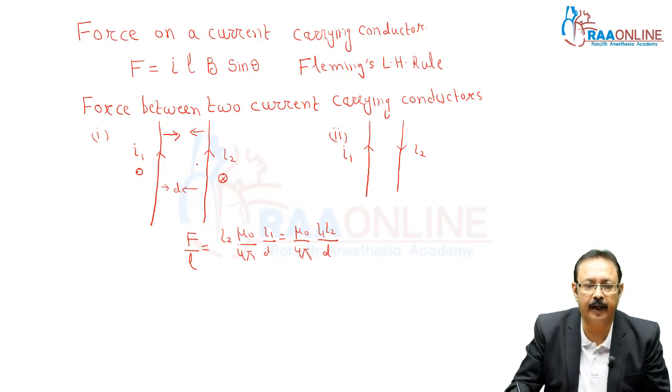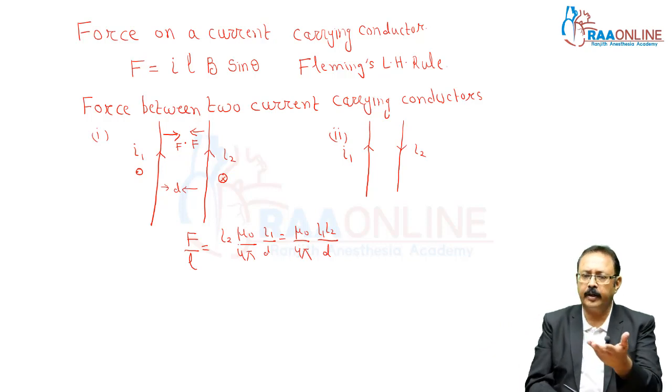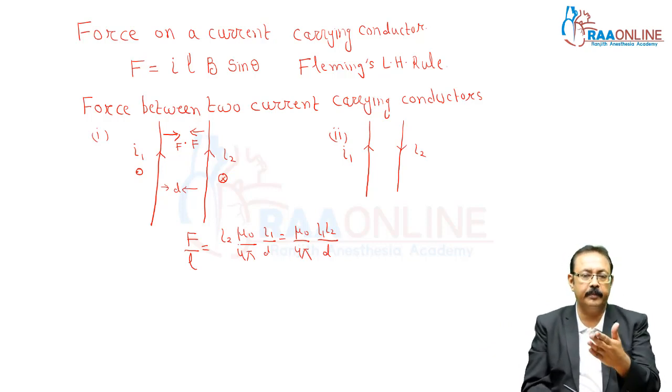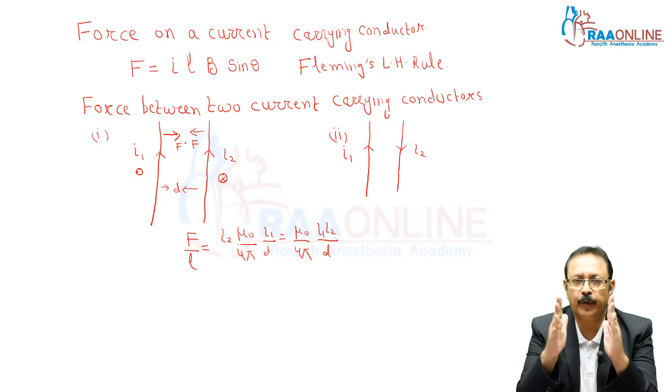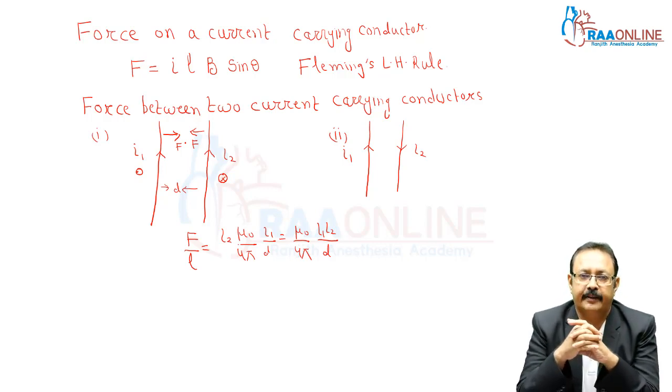So if both are experiencing a force towards each other, it means they are attracting each other. Force will come the same because it was a symmetrical result. So it means if in two wires current is flowing in the same direction, they will attract each other.